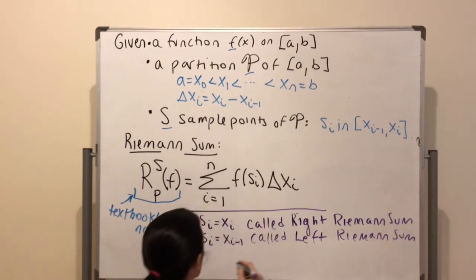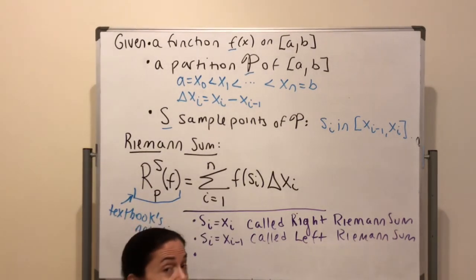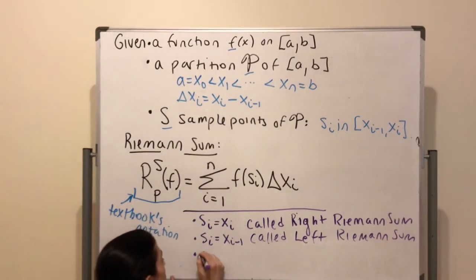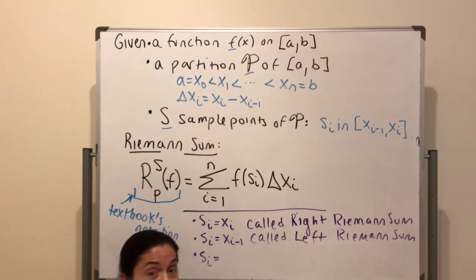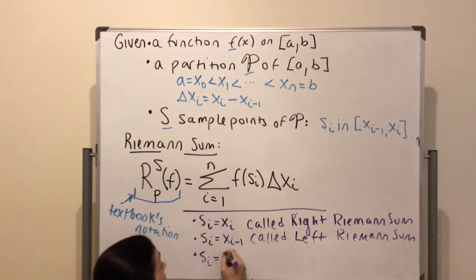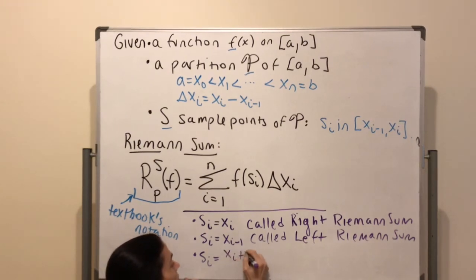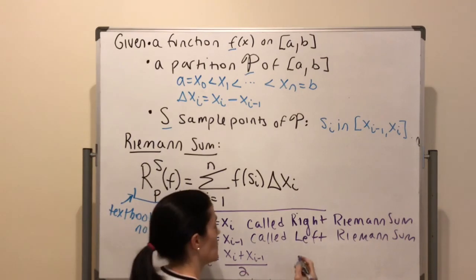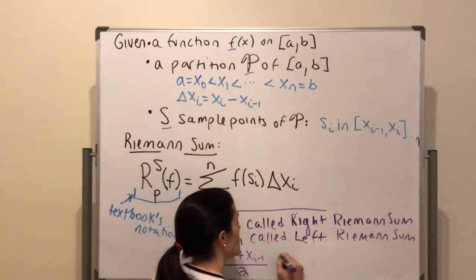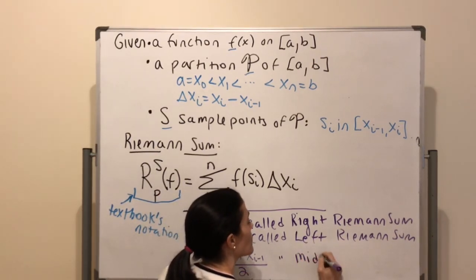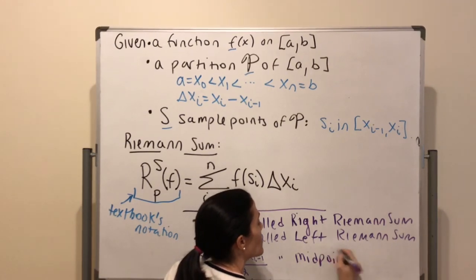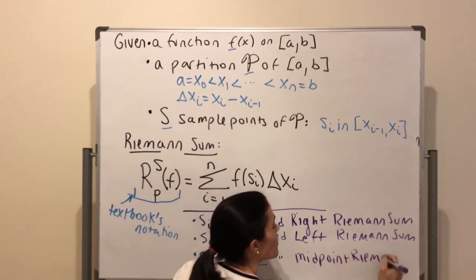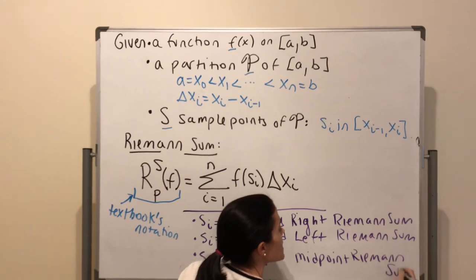And finally, another one that is fairly common to see is that Si is, well, you would take halfway in between, and this is xi plus xi minus 1 over 2. This is called the midpoint Riemann sum.